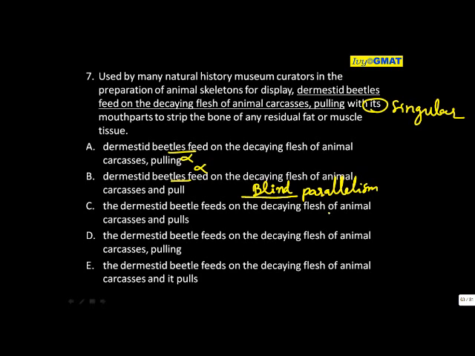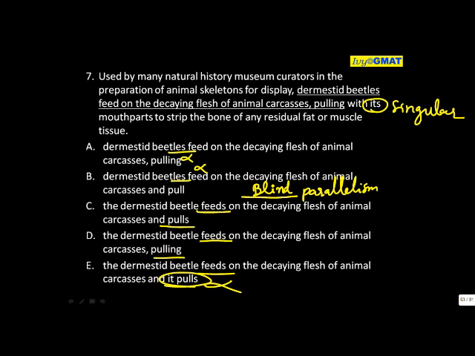So let's see. Feeds and pulls. This looks perfectly parallel. Feeds and pulling does not look parallel. And feeds and it pulls definitely not parallel. If you go only by the logic of blind parallelism, you will say C is my answer. This is not the way the GMAT works. Parallelism is applied in a very, very cautious way.